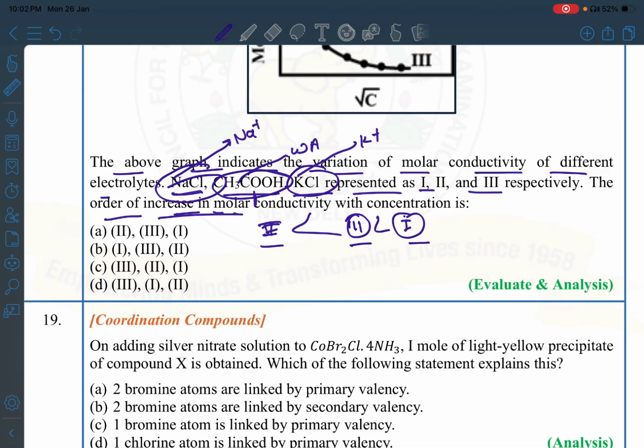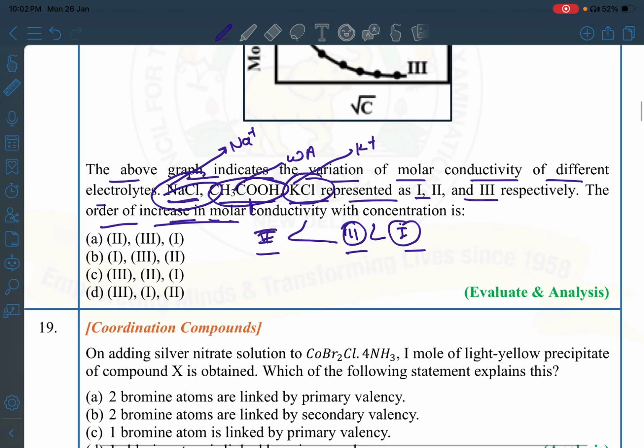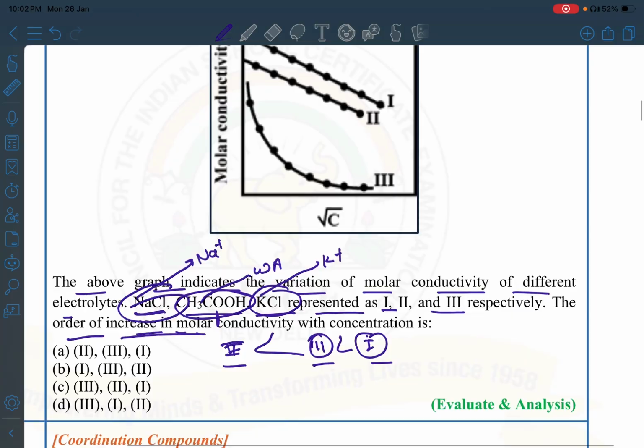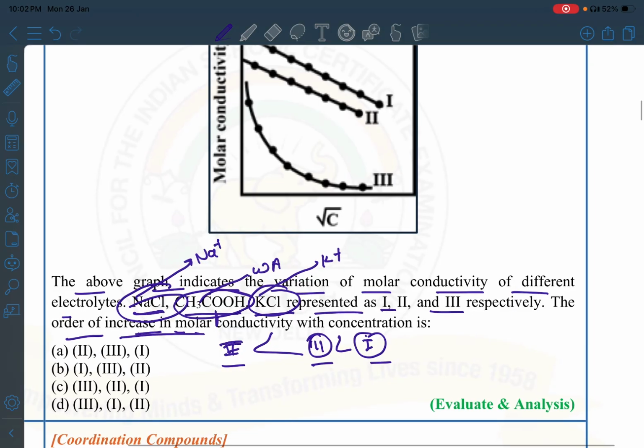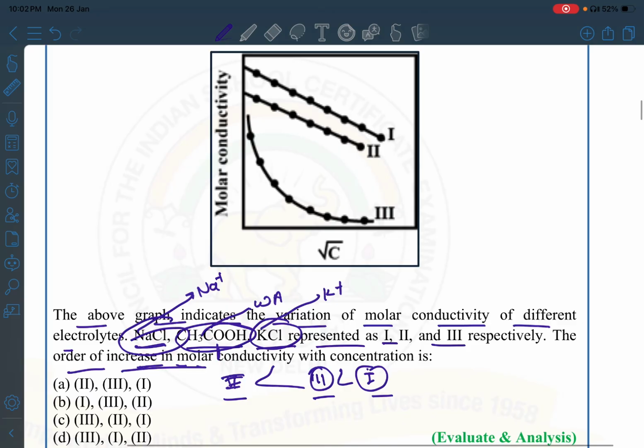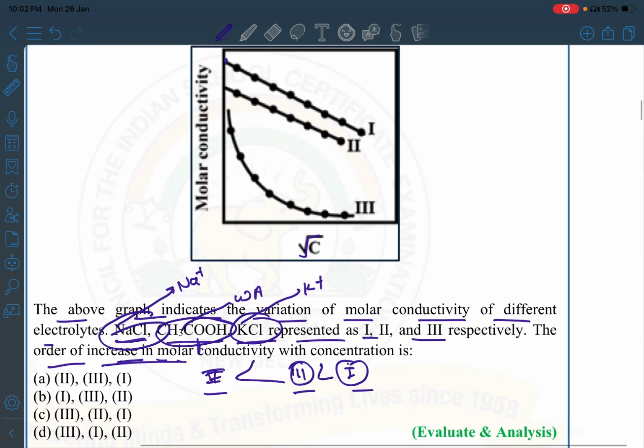Now, if we notice the graph, in the graph the concentration is given and the molar conductivity is given. So which one will have the higher conductivity? The first one.